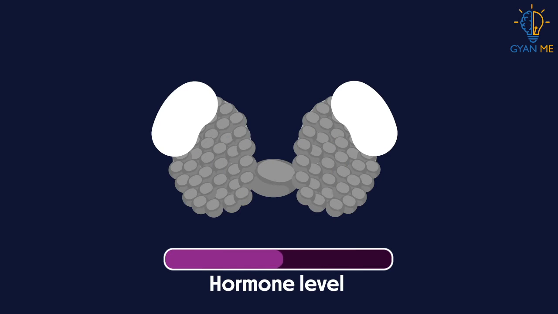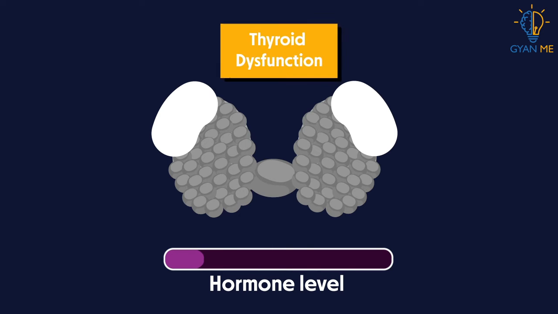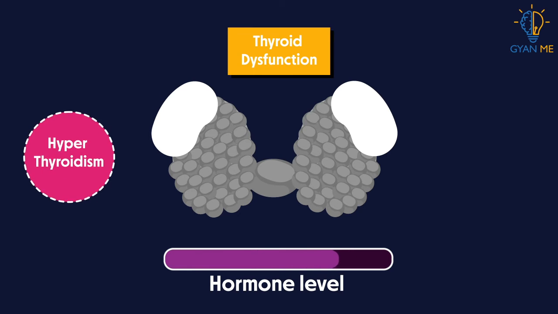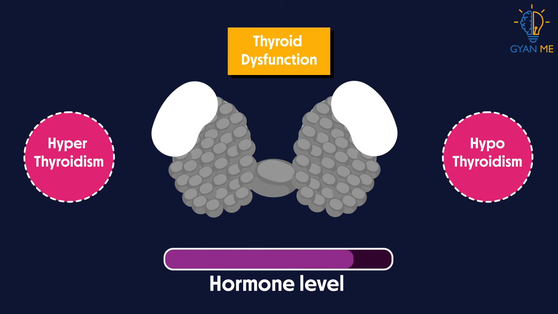Now, when the thyroid gland fails to secrete the normal level of hormones, the condition is called thyroid dysfunction, which in turn leads to other disorders. The imbalances in the levels of thyroid hormones cause two conditions: hyperthyroidism, that is increased secretion of thyroid hormones, and hypothyroidism, that is decreased secretion of thyroid hormones.